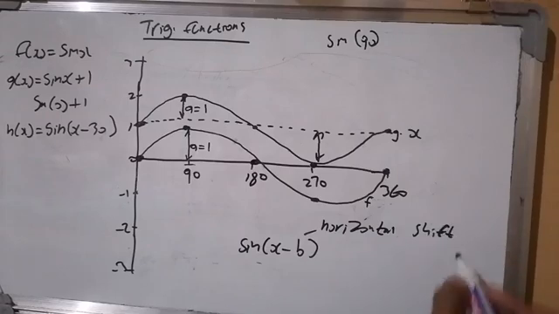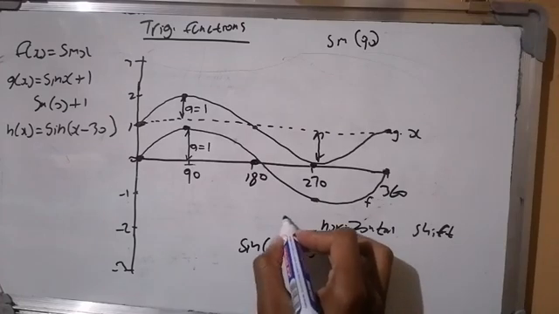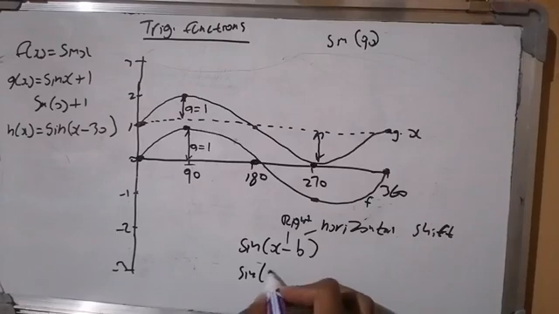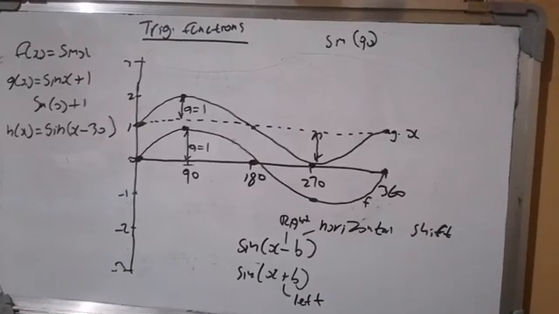That means the graph has shifted to the right. When we have a negative, the graph shifted to the right. If we have something like x plus b, that means the graph has shifted to the left. I want you to note that it means the graph has shifted to the left.